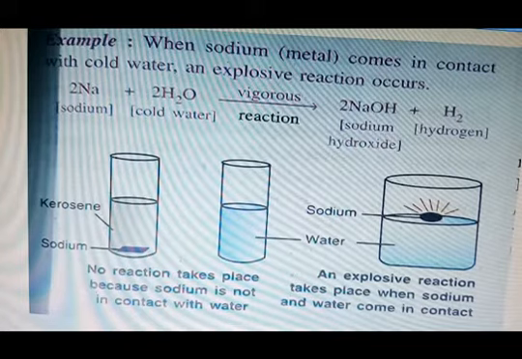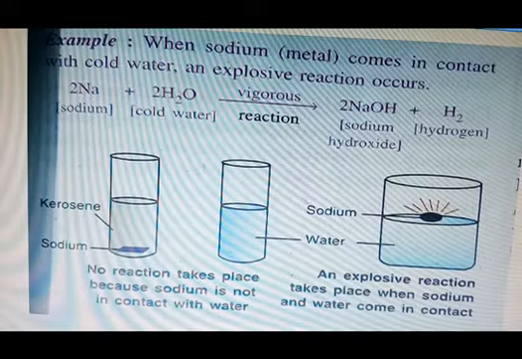Whenever you want to perform a chemical reaction, the experiment on chemical reaction, make sure that the reactants are in close contact. This is the first and the foremost condition required for a chemical reaction.